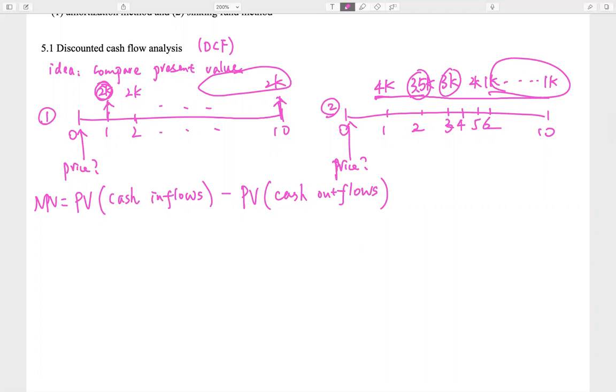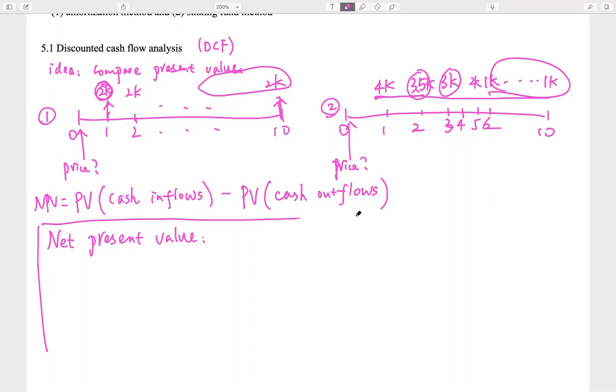With that in mind, we formally introduce NPV, which stands for net present value. It is in a nice box in the textbook, but it's very, very straightforward.